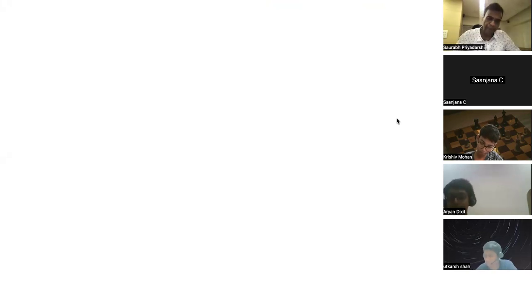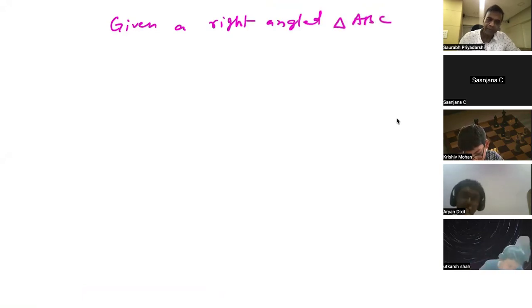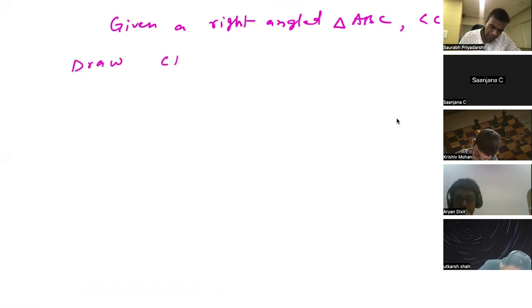See. Given a right angle triangle ABC, where angle C is 90 degree, draw CD parallel to AB, right?